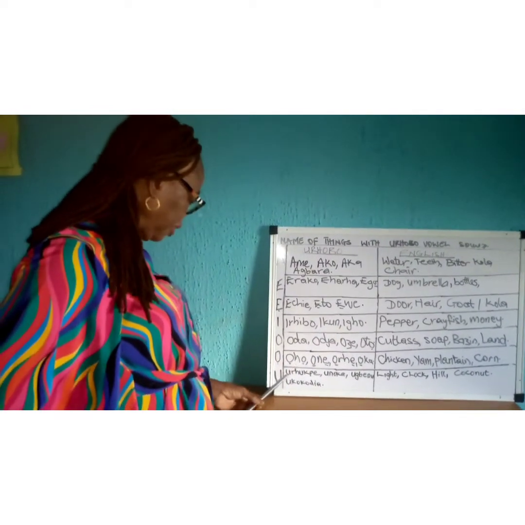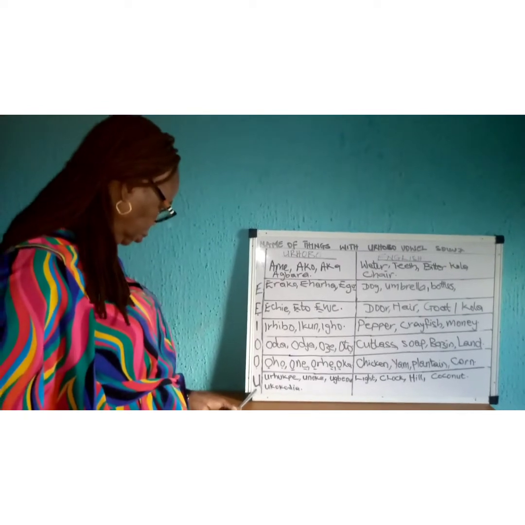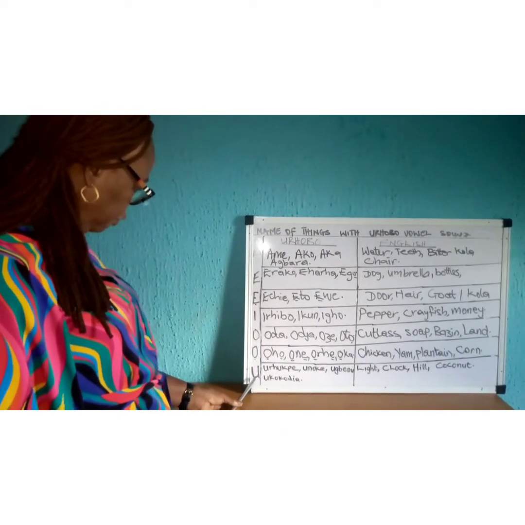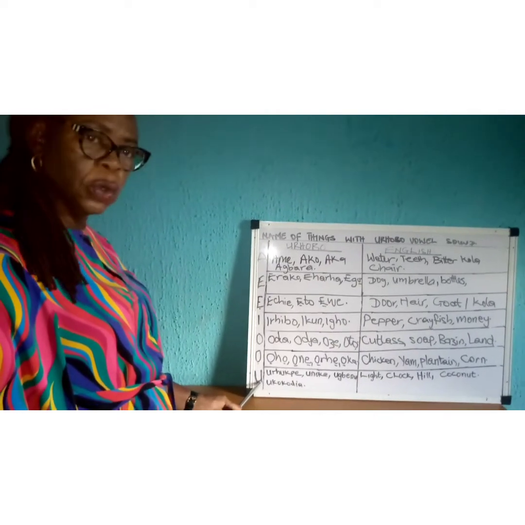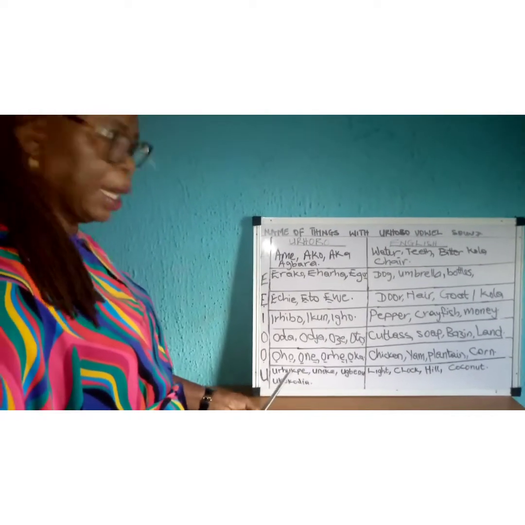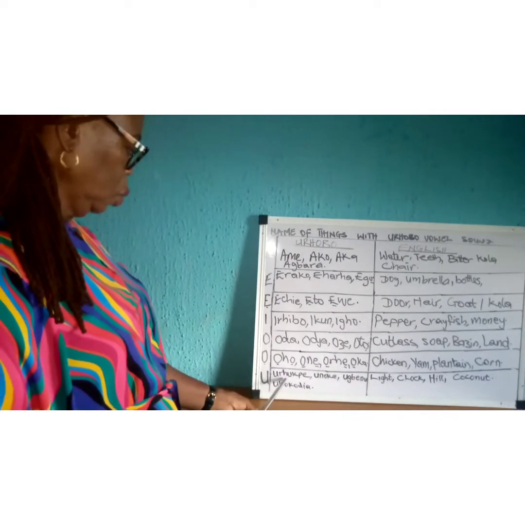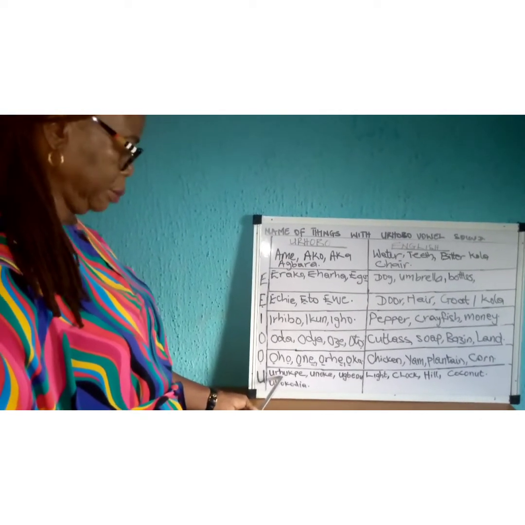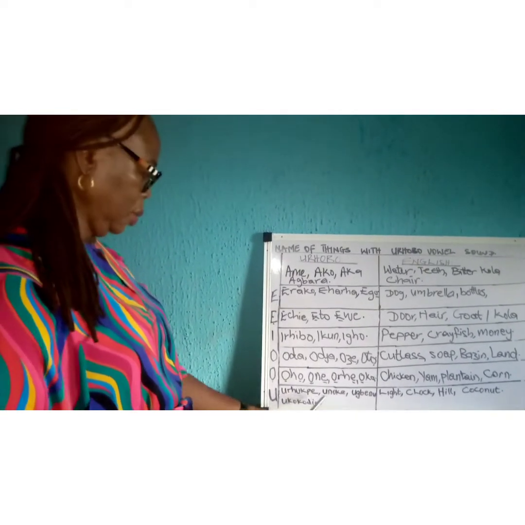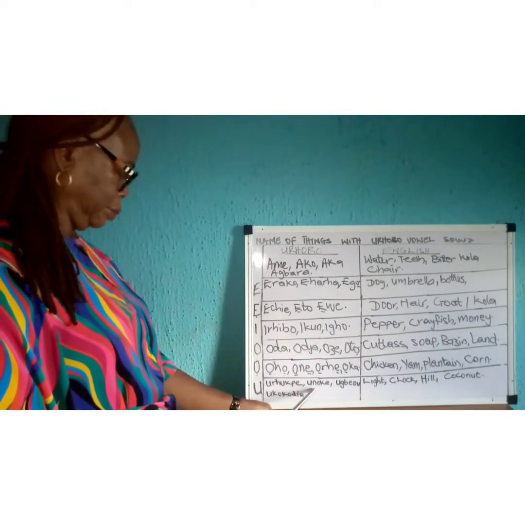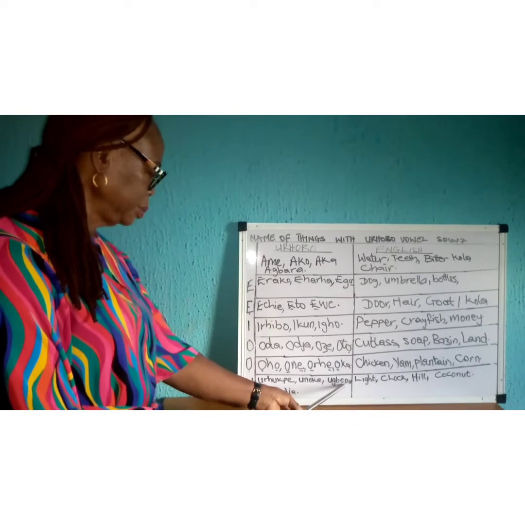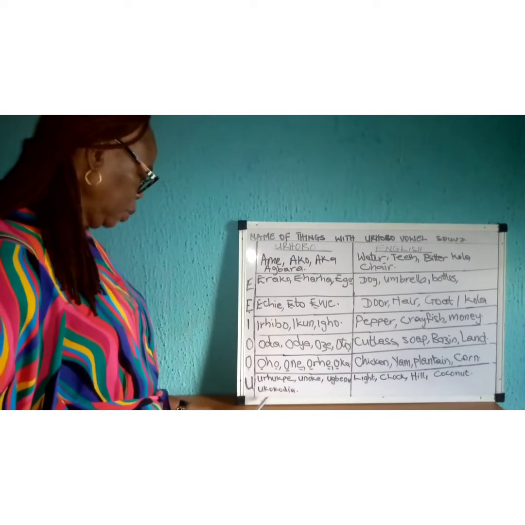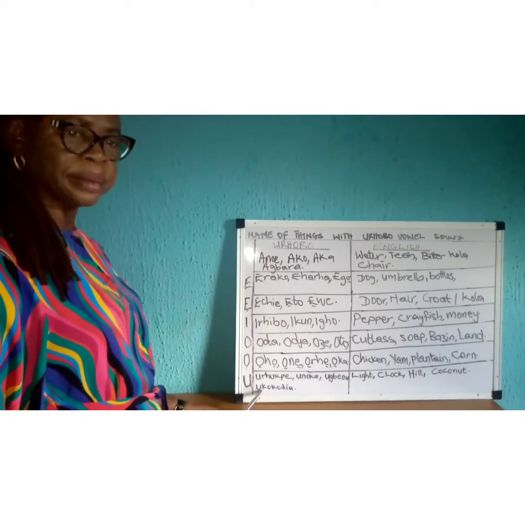The last vowel letter. Vowel U. Example: Urukpe, Unoke, Ugbenu, Ukokodia.